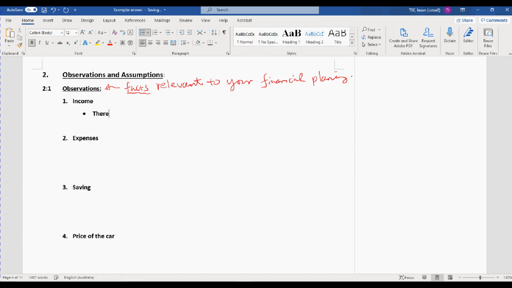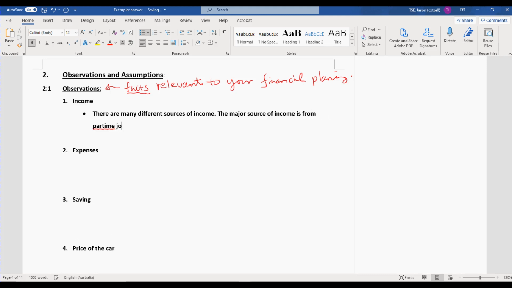So you might say there are many different sources of income, but in those sources, the major source of income is from part-time work.